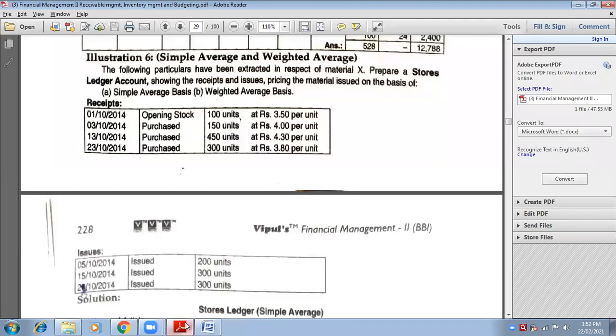Now next. Next we have the 15th date. But after 5th, there is 15th. But if we go in chronological order, we have the 13th date before the 15th one. Am I right? Yes, ma'am. So on the 13th we purchased 450 units at the rate 4.30. Okay.